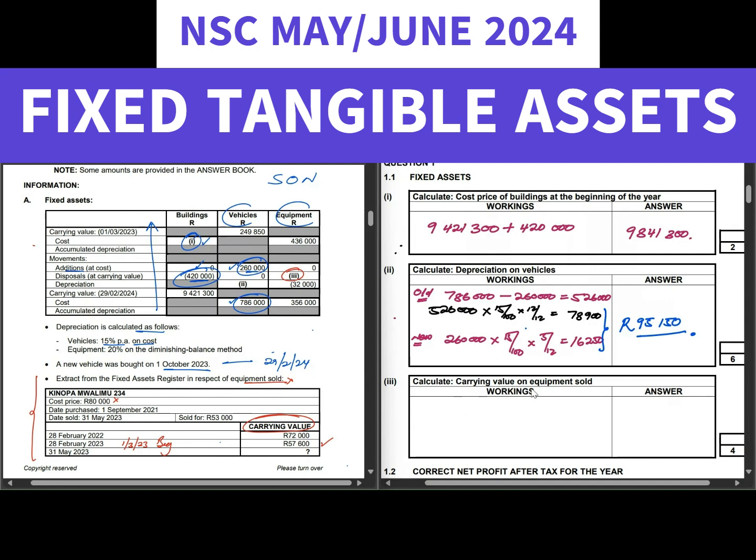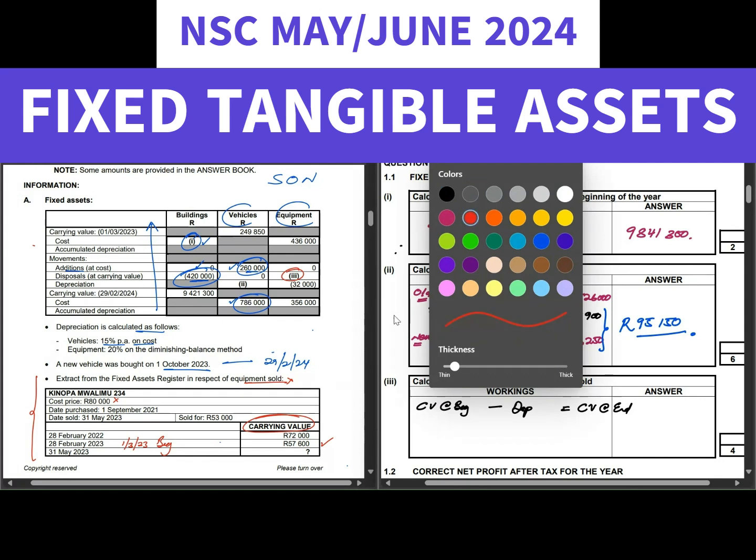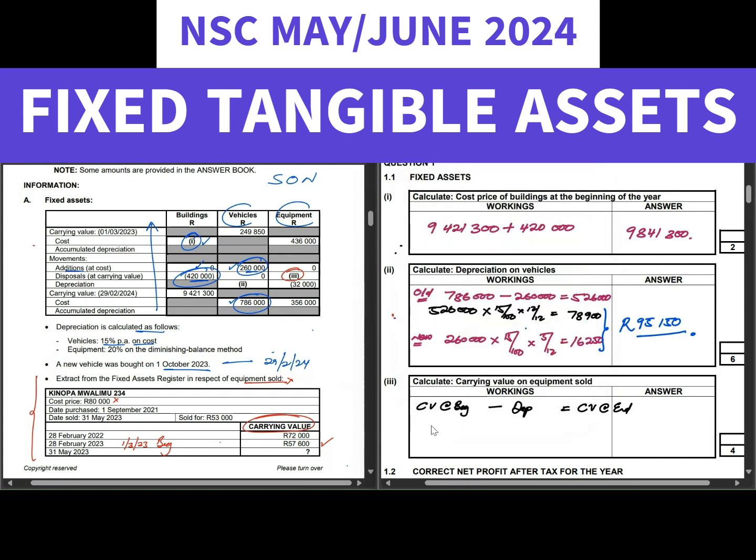So if you are to calculate the carrying value at the date of disposal, it's easy to say carrying value at the beginning minus depreciation will give you carrying value at the end. So I'm coming here now and I'm going to say my carrying value at the beginning is 57,600 minus my depreciation. So now I need depreciation for this particular asset.